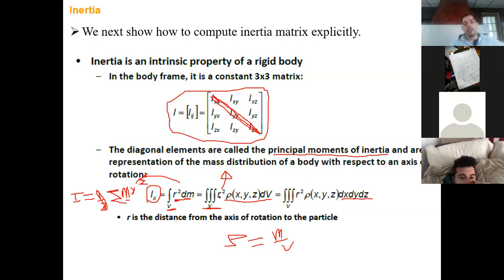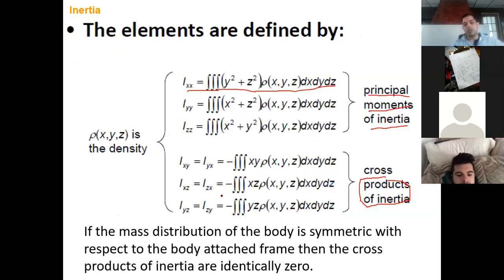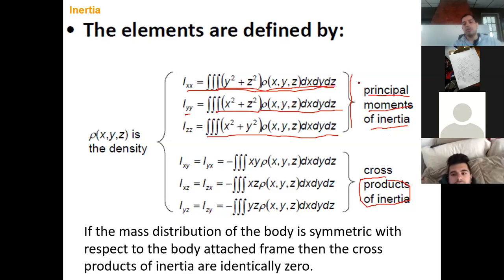In the XY plane, this r will be x squared plus y squared, and you'll get Izz, which is the integral of x squared plus y squared, rho dx dy dz. Similarly, Iyy is x squared plus z squared. Then Ixx is this one here. So these all three are called principal moments of inertia.